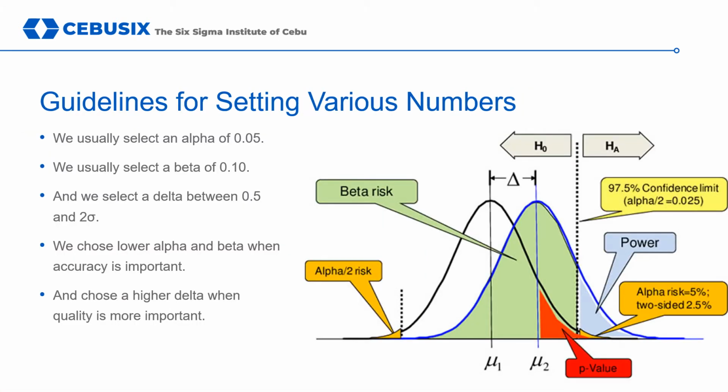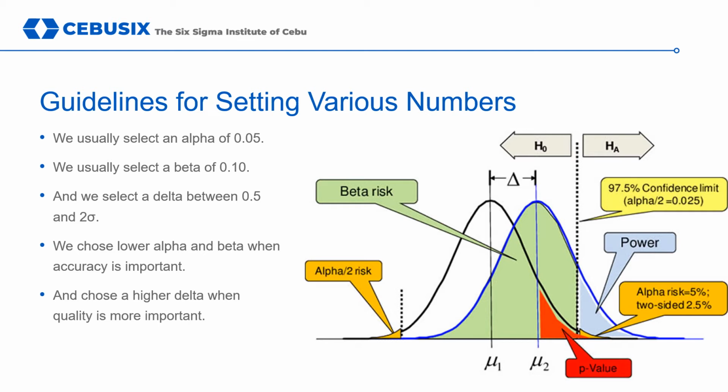While values for various factors in sample size calculations should be guided by the business needs and purposes of the test, there are some guidelines that Six Sigma teams can follow for baseline values or if no other information or needs are present. We usually set the alpha risk at 5% or 0.05.